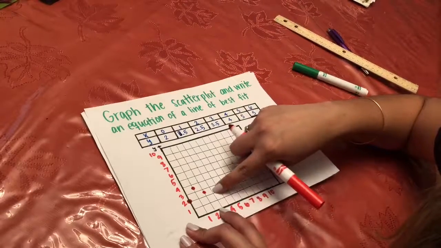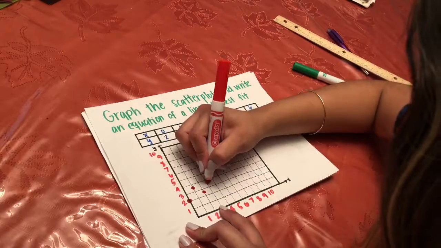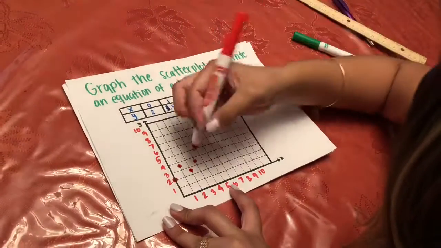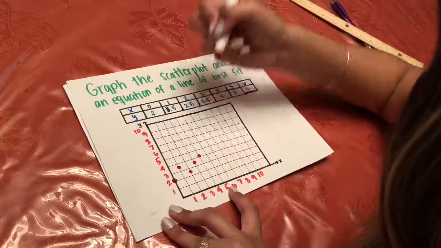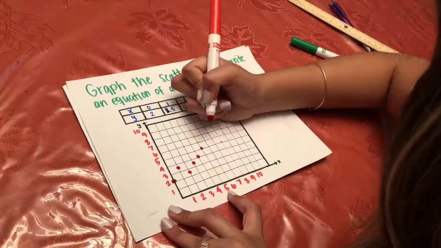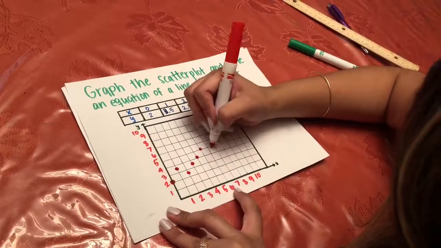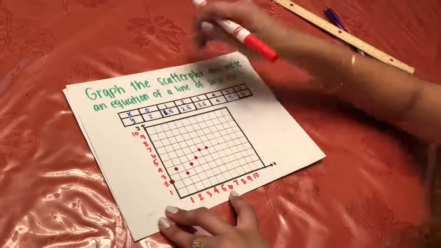At 3, I'm at 3.5. So here. At 4, I'm at 4. At 5, I'm at 5. And at 6, I'm also at 5. So 6, so right there.